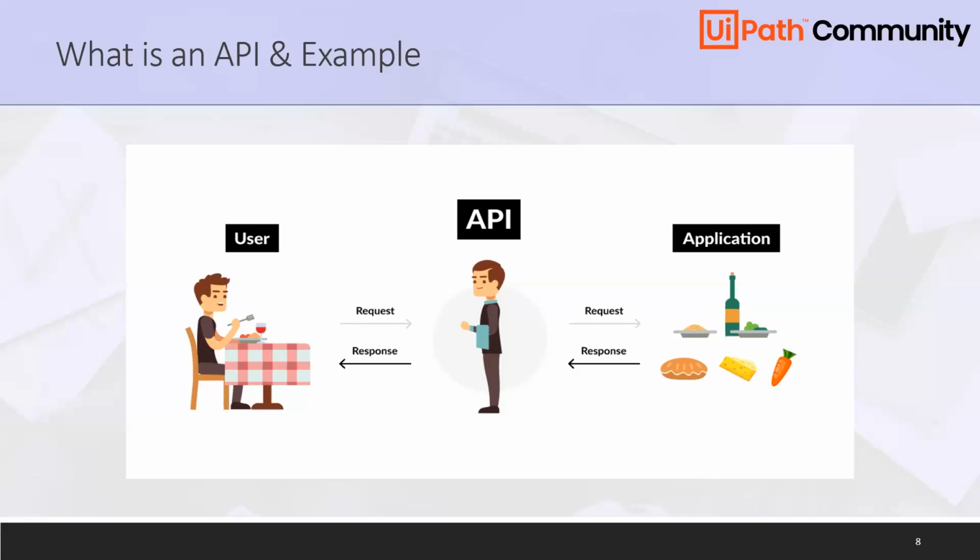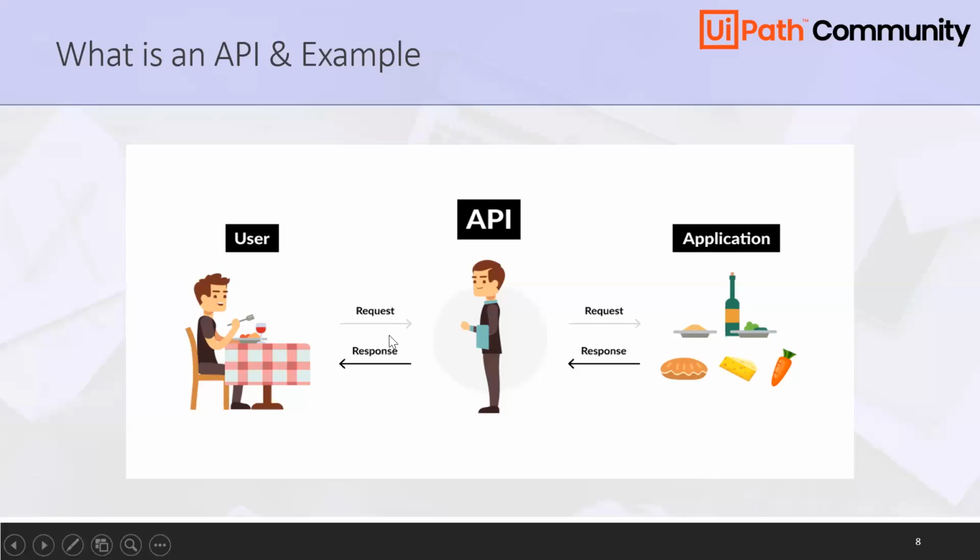So let's have a look at a real-world example. When you go to a restaurant or hotel, you sit at your table and get the menu card to choose the dish you want. A waiter comes and takes your order, and you tell him you want a particular dish, let's say pizza. You don't go directly to the kitchen to get your food.